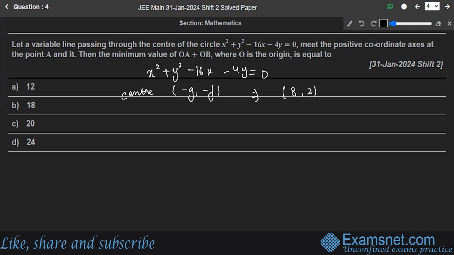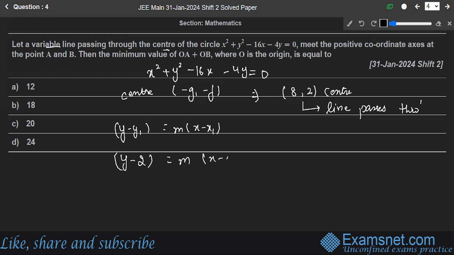So that means the variable line passes through the center of the circle. So this line passes through this point, which was your center of the circle. Now let's frame up the equation of the line. y minus y1 is equal to m into x minus x1. So y minus 2 is equal to m into x minus 8, as I don't know the slope.